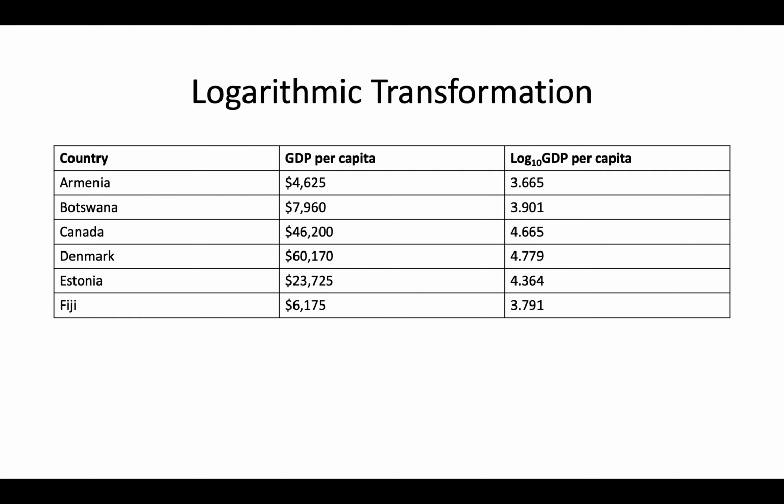Ordinary GDP per capita ranges in these data from $4,625 in Armenia to $60,170 in Denmark. But the log base 10 GDP per capita ranges are much narrower, from 3.665 to 4.779. This variance constriction will tend to linearize data.